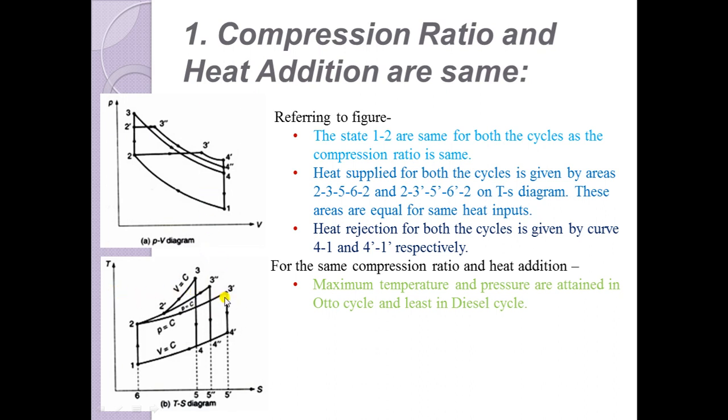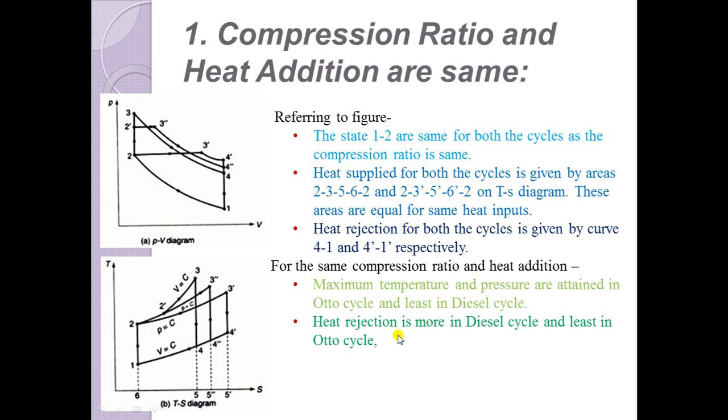In both the cases, the dual cycle will be placed in between Otto cycle and the diesel cycle. So, in conclusion, maximum temperature and maximum pressures are attained in Otto cycle and least in diesel cycle.